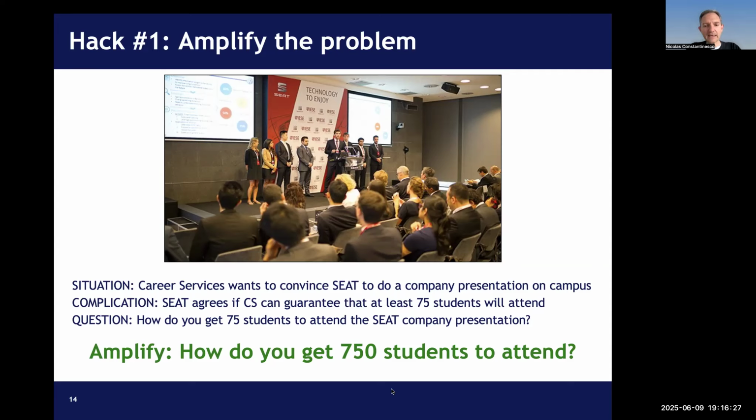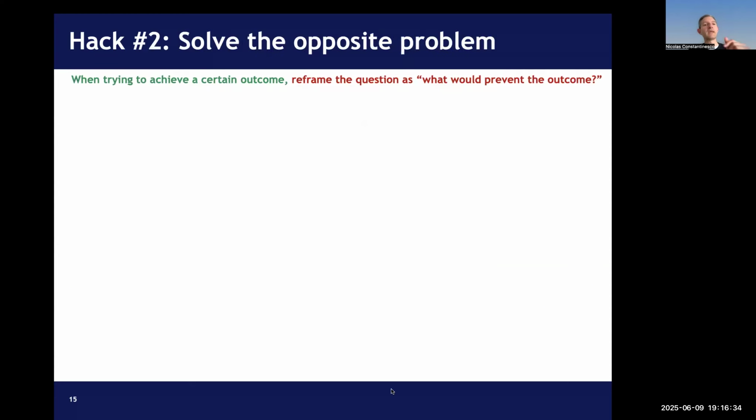The second hack, one that I use very, very often, is this: when you're trying to achieve a certain outcome, often a how-to question, it can be really helpful to reframe the question as what would prevent the outcome, so actually solving the opposite problem. Let me give you an example.